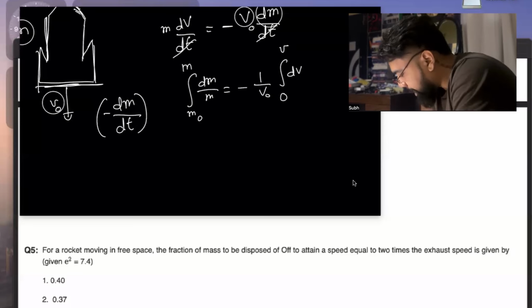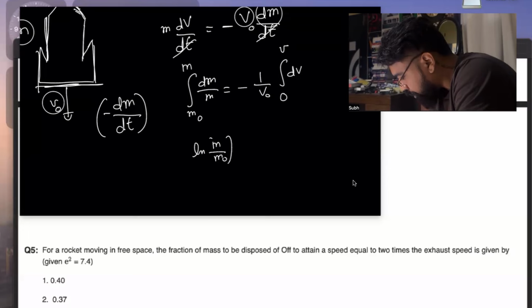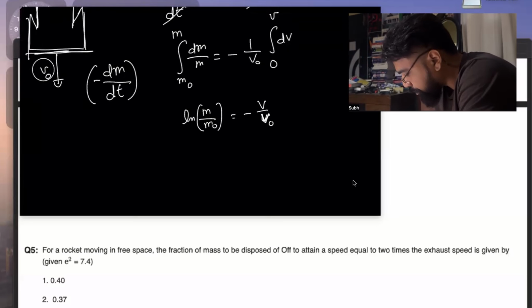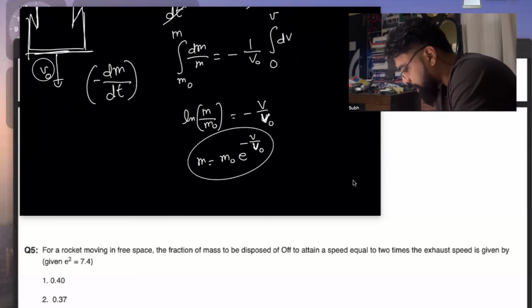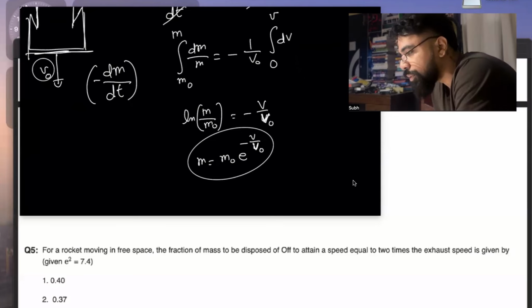So what we get here is ln(m/m naught) is equal to minus v/v naught. This means m is equal to m naught e to the power minus v/v naught. This is the mass of the rocket. So this is how the mass of the rocket is varying with respect to the speed.